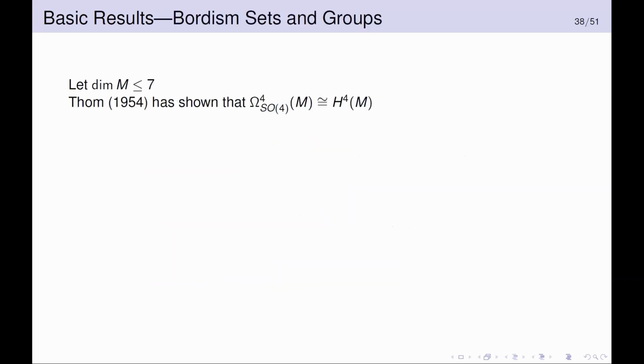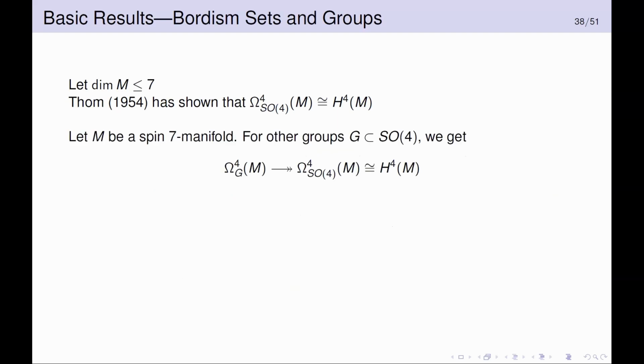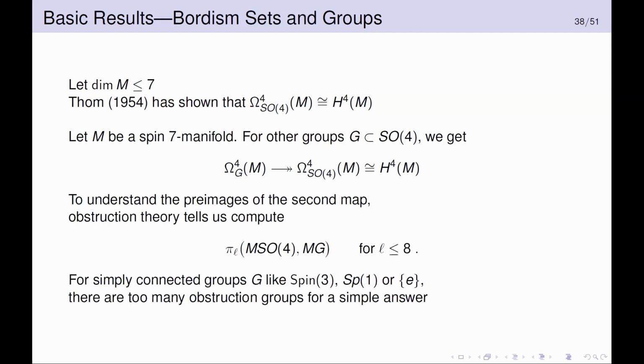No? So, as I said, Thom did some interesting computations. For example, he proved that this SO4 cobordism in the 7-manifold is the same as the fourth homology. And if we have a spin-7 manifold and we have other subgroups, then we get a surjective map from the homology into this one. This was because the normal bundle was trivial.